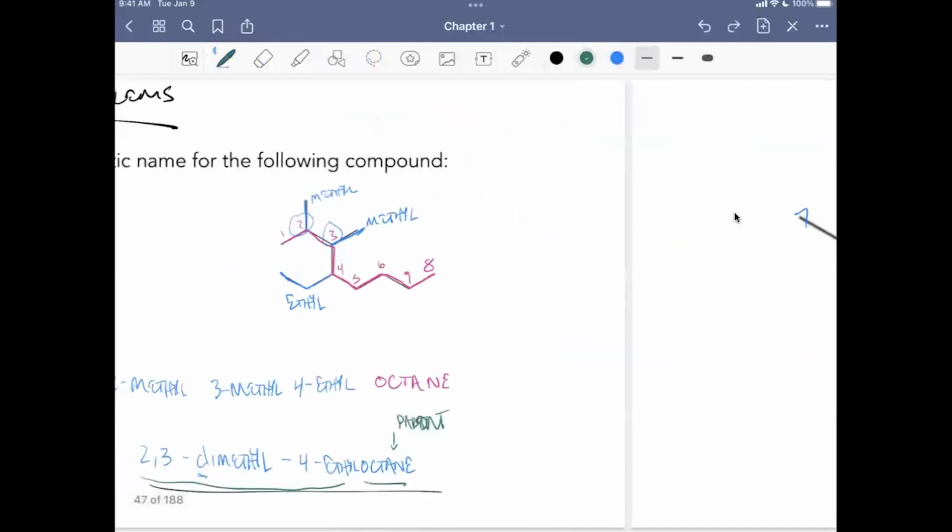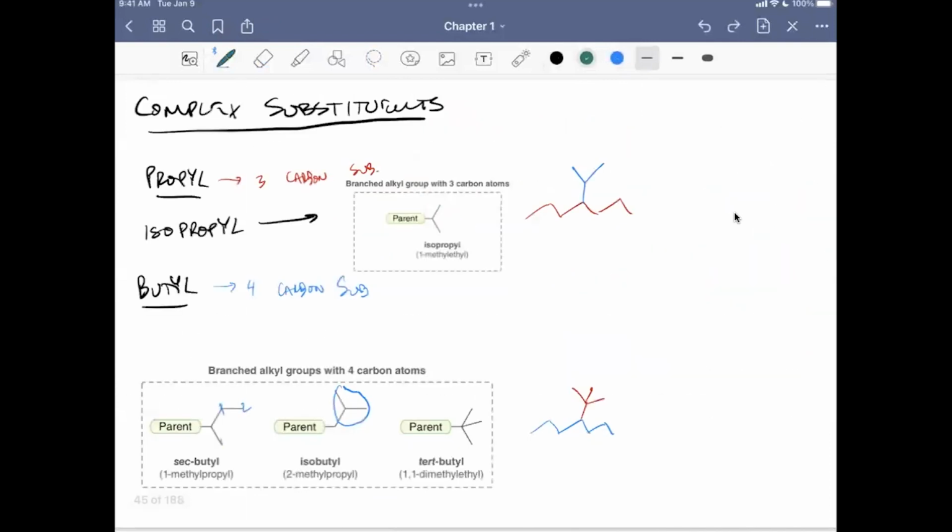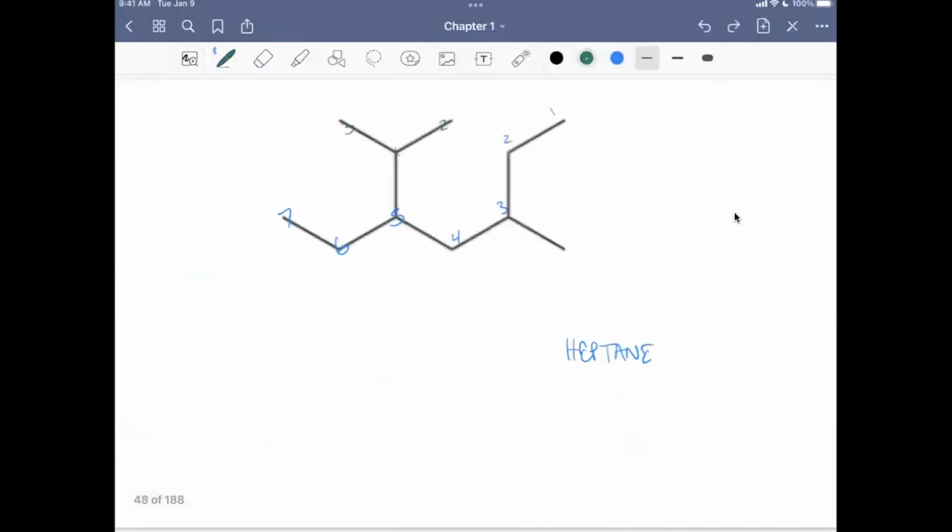But if you guys recall, our complex substituents, if we have a Y look in propyl, that's an isopropyl. Okay. And then our other substituent right here is just a methyl. All right.